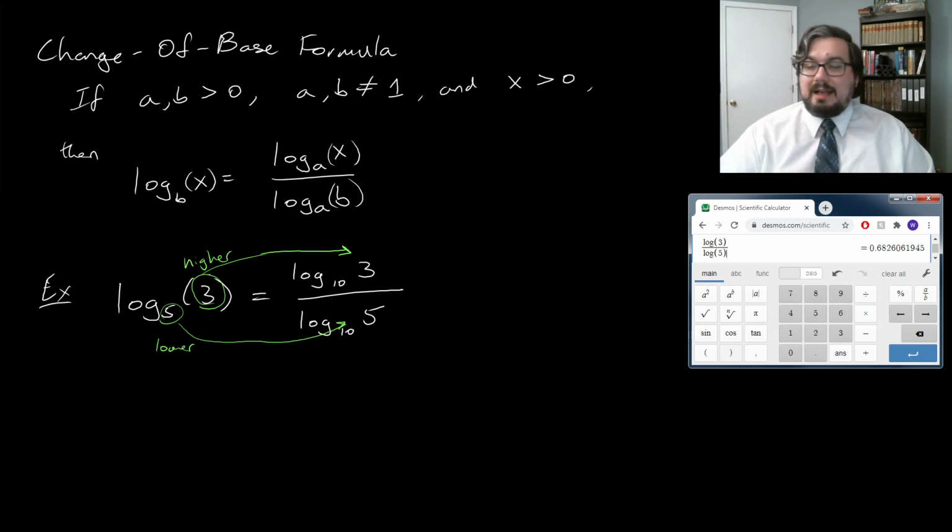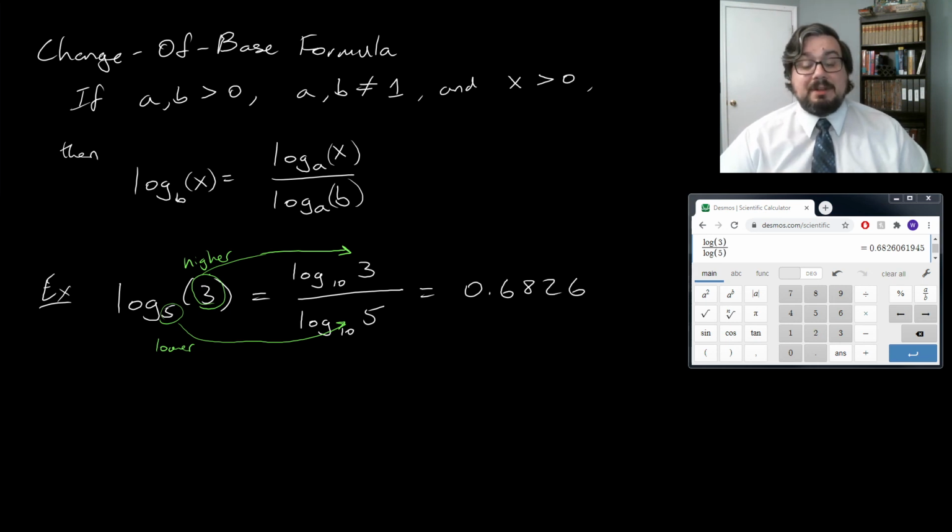And if I do that, I see that this is equal to 0.6826 if I want this to 4 decimal places. And that allows me to evaluate log base 5 of 3 by expressing it using the change of base formula using log 10.